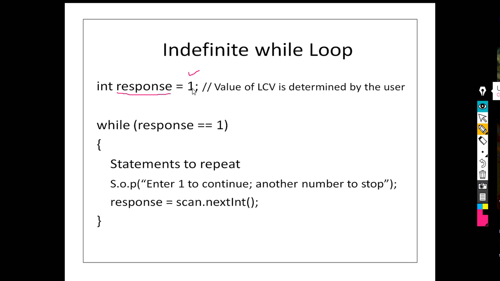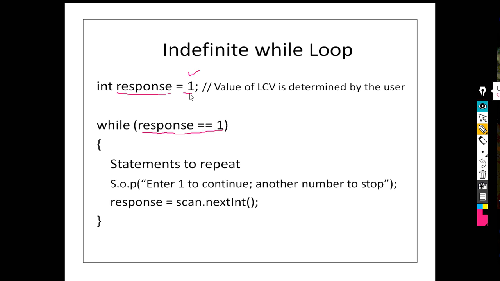So you start out with 1, and we're going to make this start out as true. While response equals 1, the loop will be executed. Of course we want to start with a true Boolean expression, and so you're not going to be using greater than or less than typically.